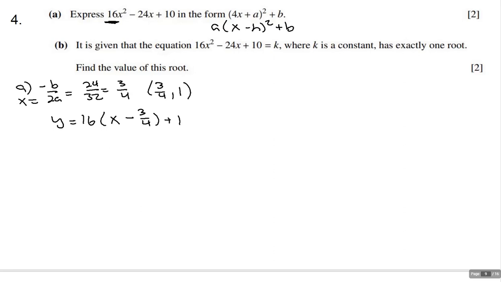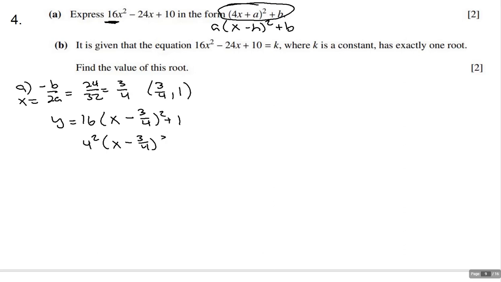Now the problem is, you'll notice we don't have it looking like theirs. All right? Now, if you run into a situation like this, where they've got a number times that x on the inside, on the outside, when we write it in our vertex form, it's going to be a perfect square. So if I rewrite this as its equivalent, 4 squared, it's going to look like this.